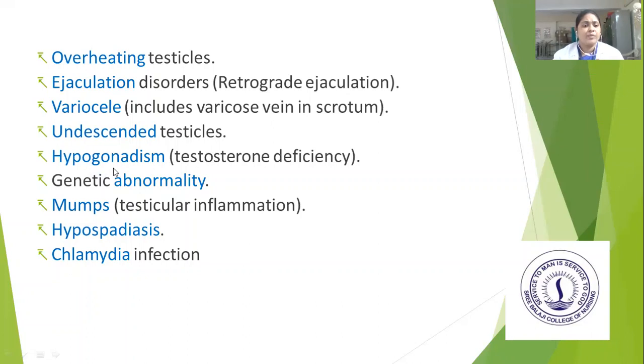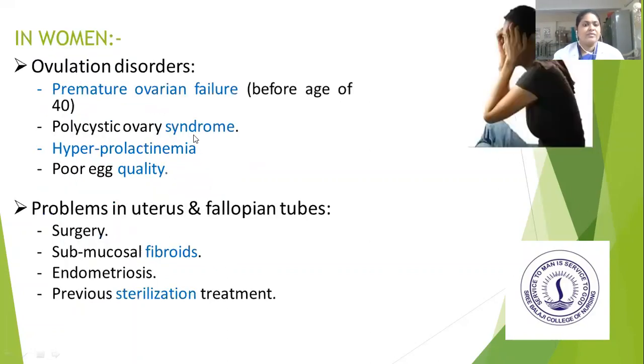Epididymitis and hypogonadism, that is testosterone deficiency, genetic abnormality, mumps, hypospadias, and chlamydial infection among men. And in women, we'll see ovulation disorders, mainly premature ovarian failure, that is before the age of 40, polycystic ovary syndrome, hyperprolactinemia, and poor egg quality.